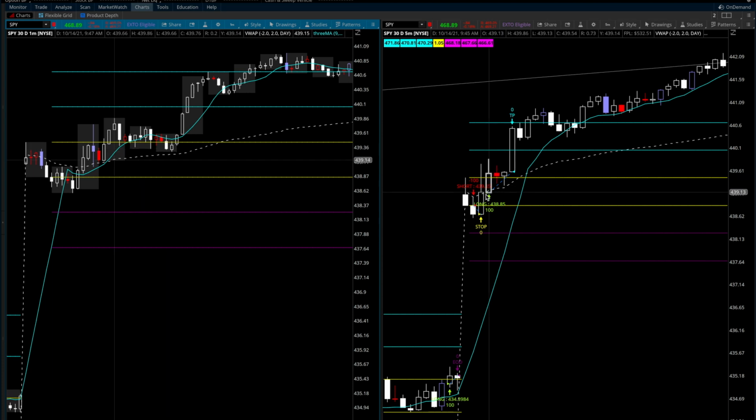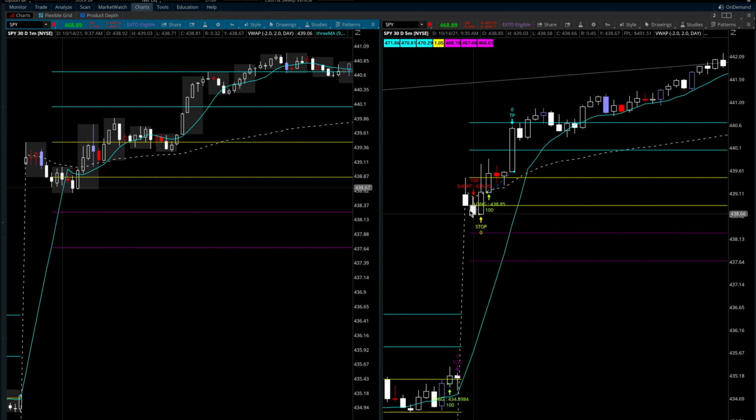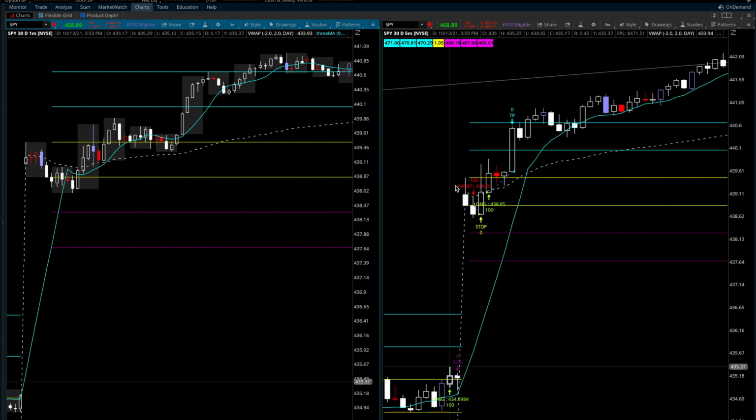Then you get your long signal. It is the second signal of the day, but it was within 10 minutes of your first signal. So this is the chop shop in here.